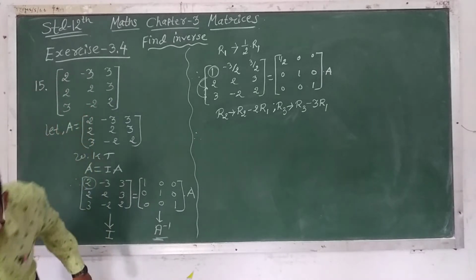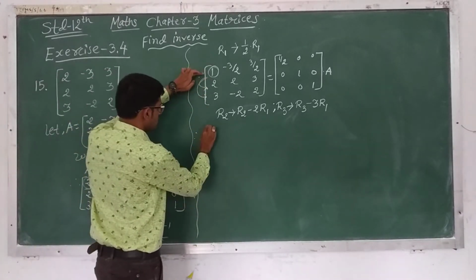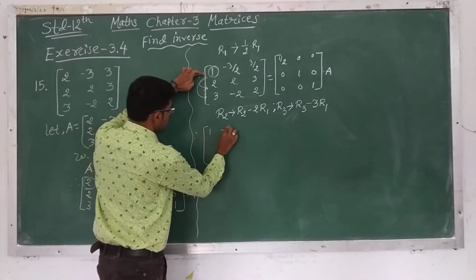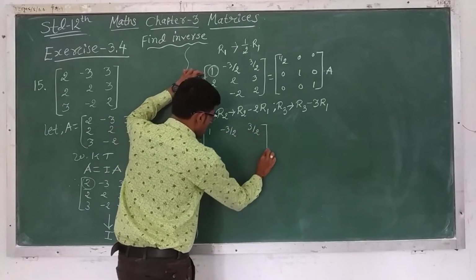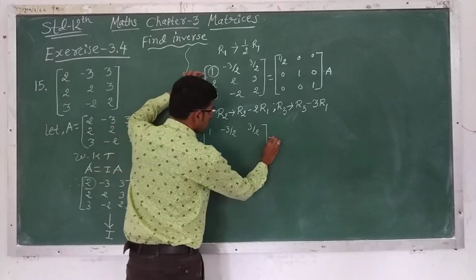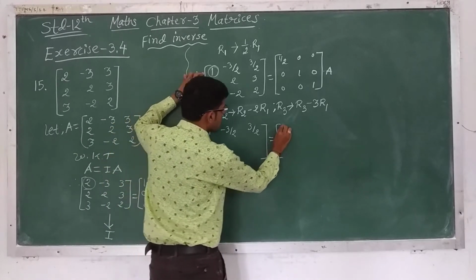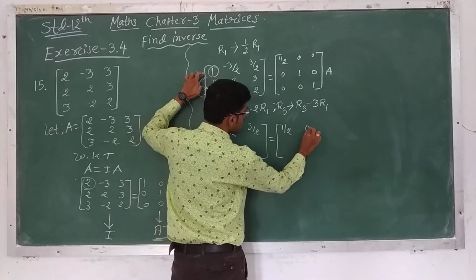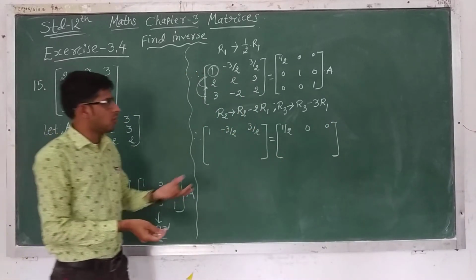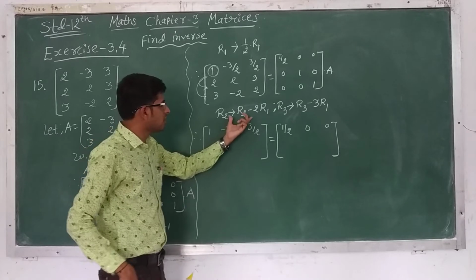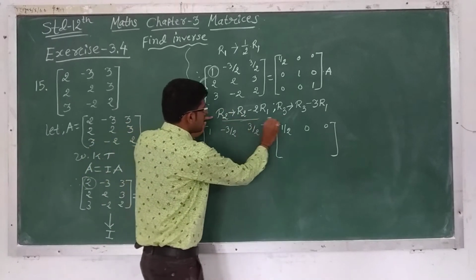Therefore, here the first row stays as it is: 1, minus 3 by 2, 3 by 2. Same thing on the right hand side, the first row as it is: 1 by 2, 0, 0. Now we apply two operations, first in R2 and then R3.